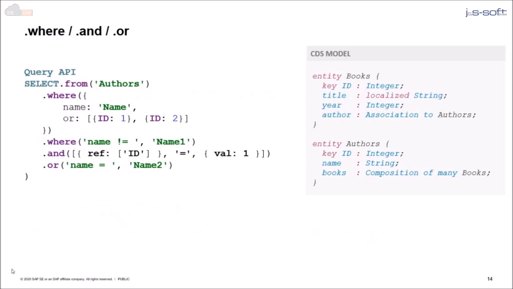It connects the next condition to the previously built one using the AND operator. And the OR method connects the statement inside of it to the previous one, again using the OR operator.